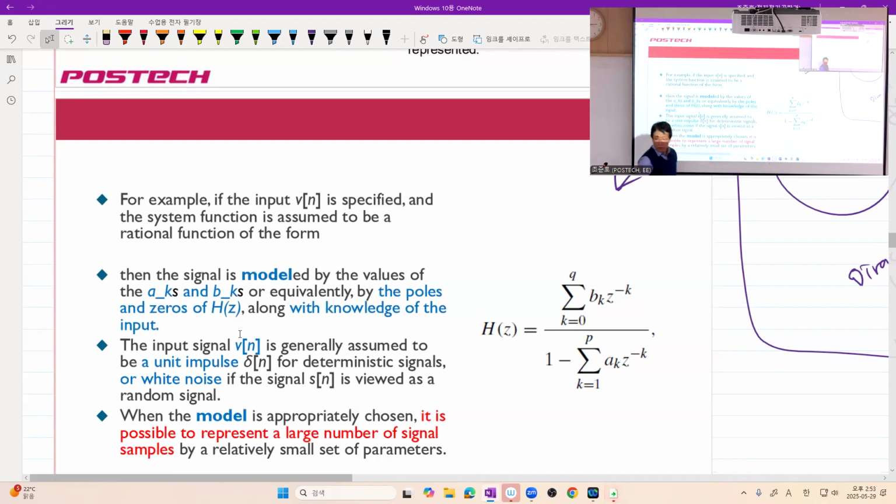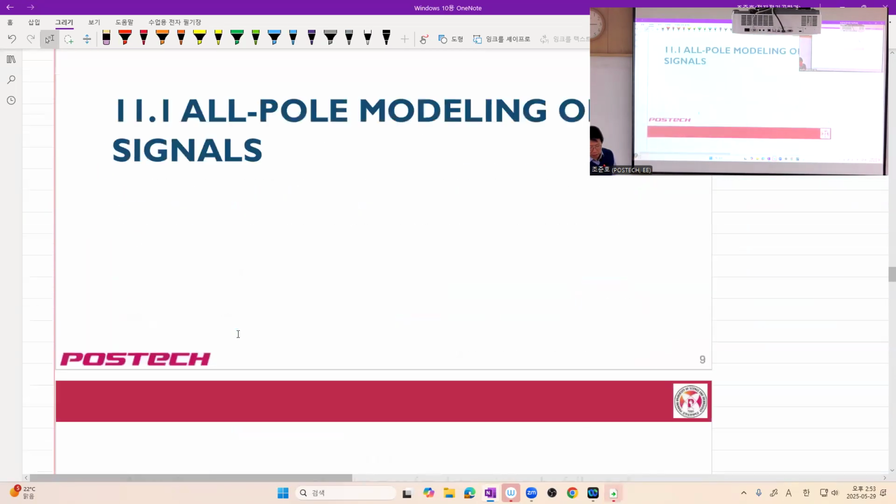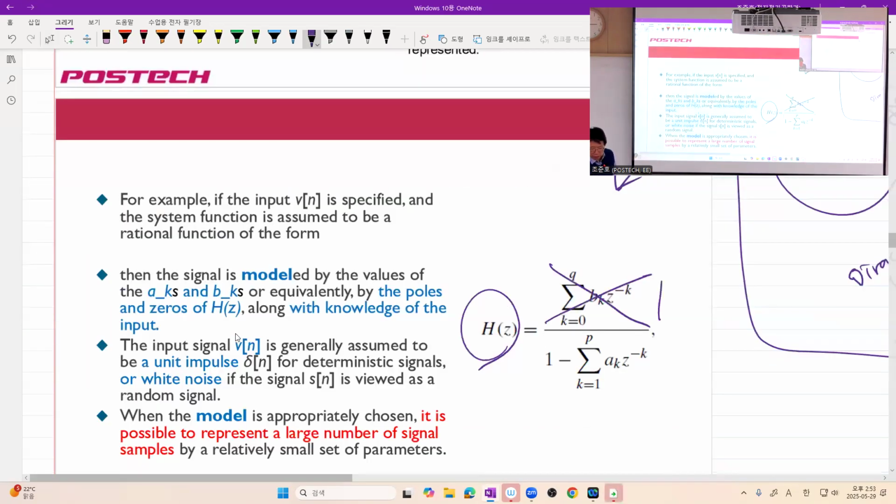That means H of z here has its numerator replaced by some constant. I remember K is what they used. And then what we need to specify is the order of the poles, and find the a_k's and this constant capital K.